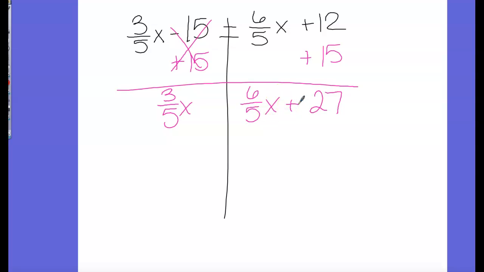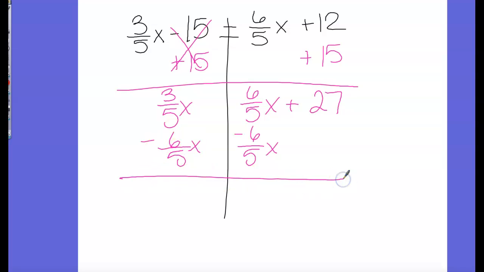So now what would I do? How do I get rid of the 6/5 x? Yep. Subtract 6/5 x. When we are adding and subtracting fractions, what's important to have?